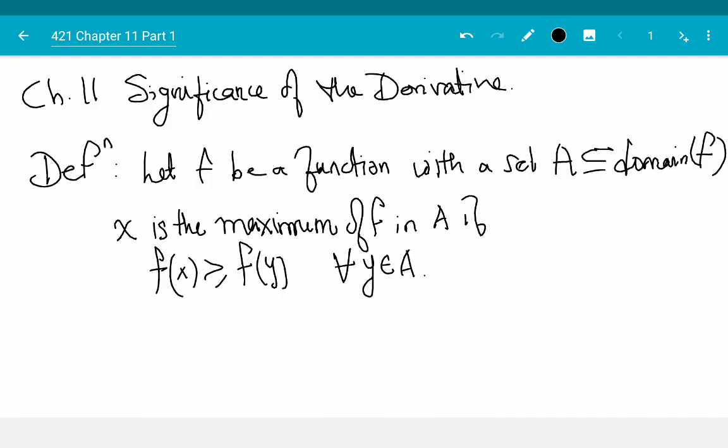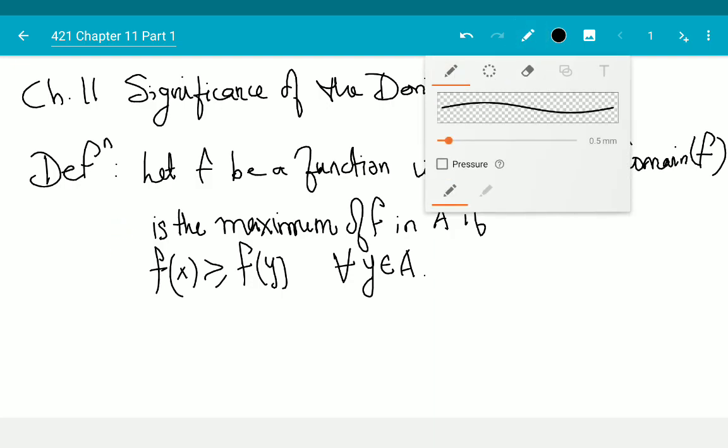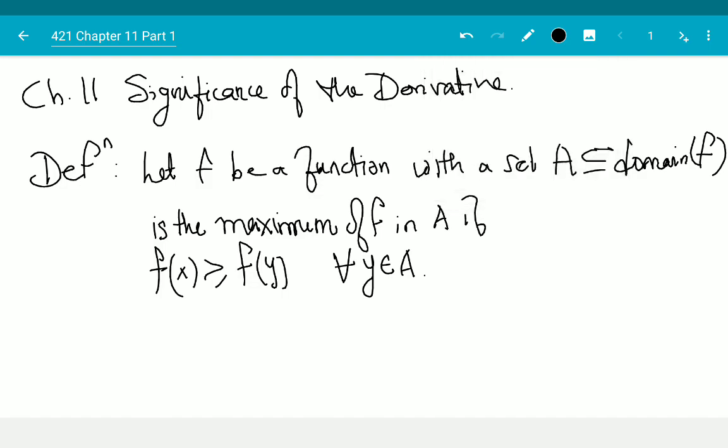Okay, I missed a small point. x should be in A. x in A is the maximum of A if it is bigger than everything.